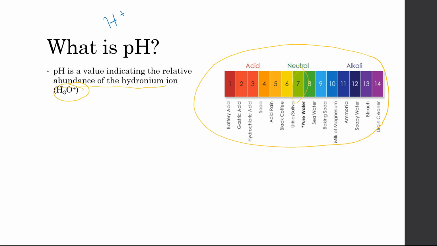So the presence of that H plus ion along with an H2O is going to form hydronium. So it's that hydronium ion that essentially makes something an acid, the presence of that hydronium ion. All right? So pH is a value indicating how abundant that hydronium ion is in our solution.